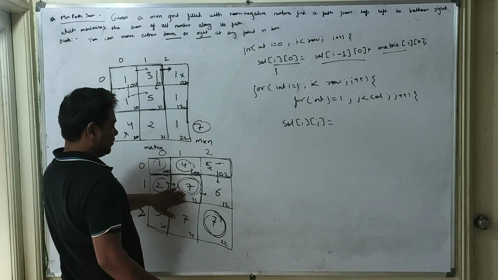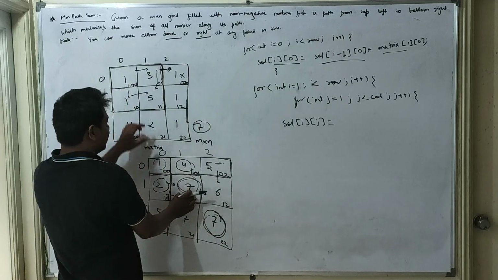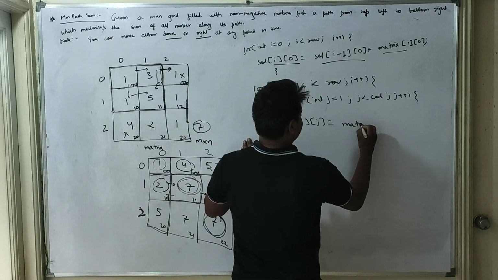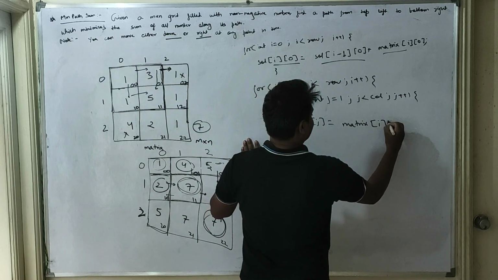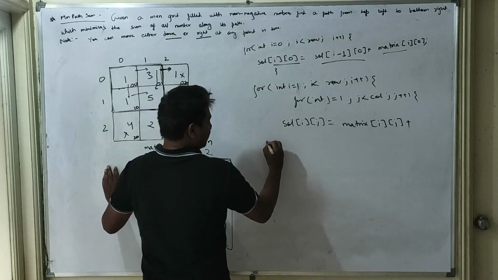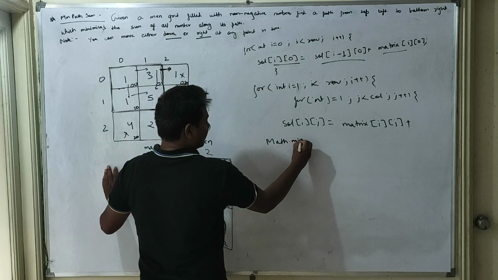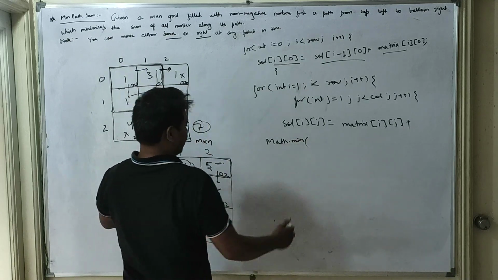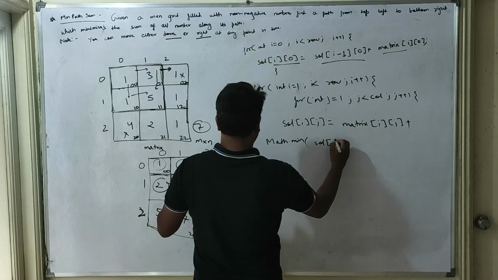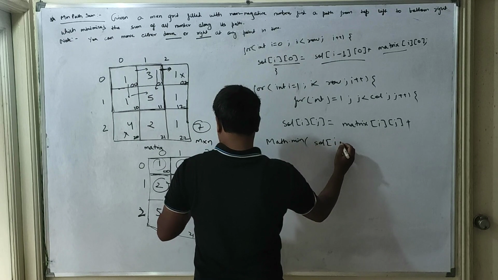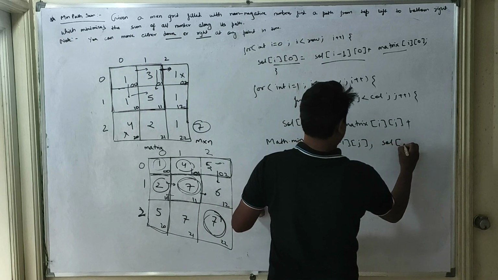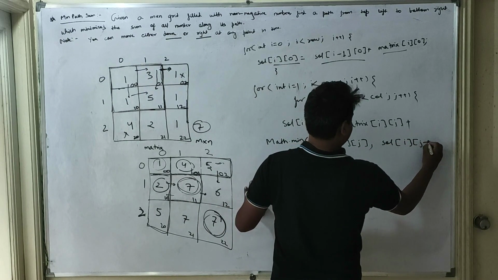First we'll copy the value of the cell right now, that is matrix[i][j] plus. Now we want the minimum out of these two values. So Math.min out of these two values. This value is nothing but solution of i minus 1, keeping j constant, comma solution of keeping i constant, j minus 1.